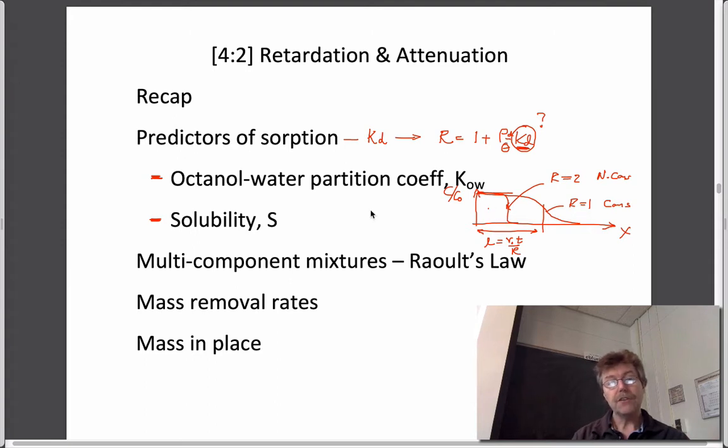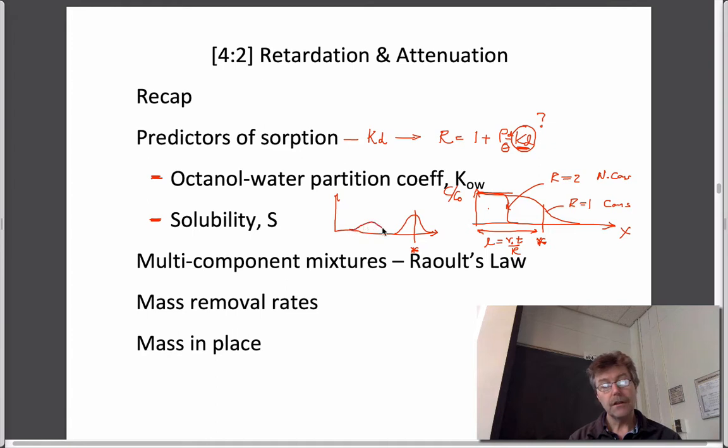However, you could imagine that if you looked at the same case for a plume that was traveling down gradient and was a spike, a delta input, then downstream it might look like this, where it's traveled this same length here. But you can imagine that if it's sorbing onto the solid, then it's actually net removing material as it goes downstream.